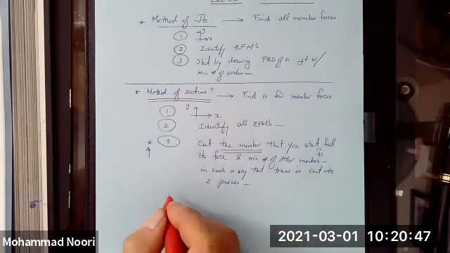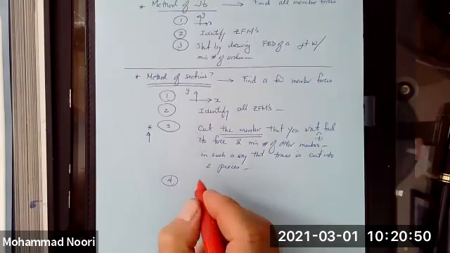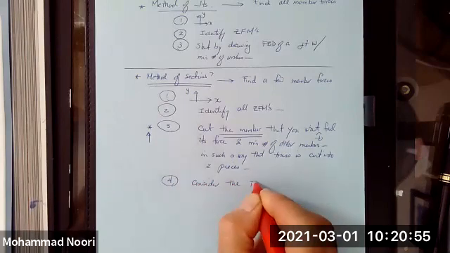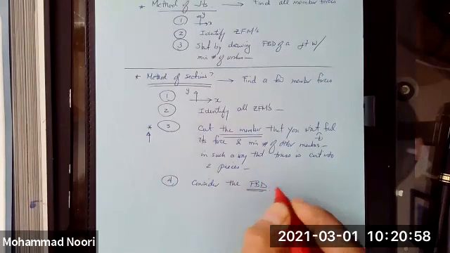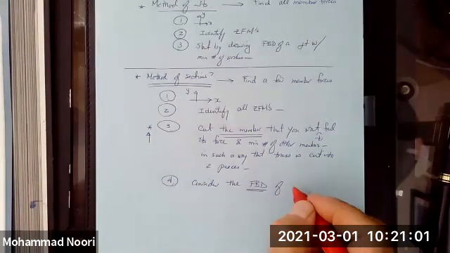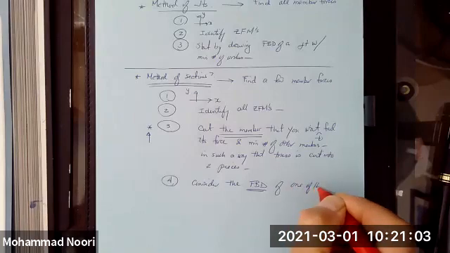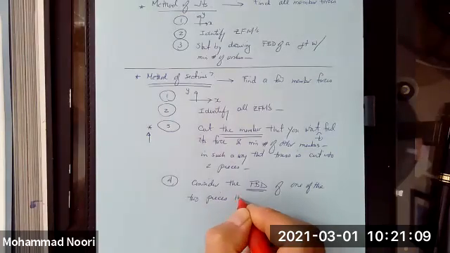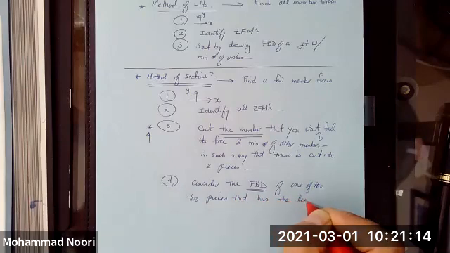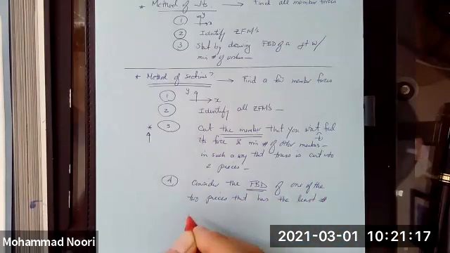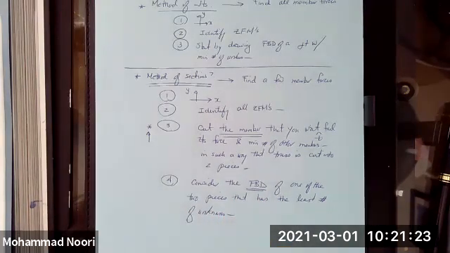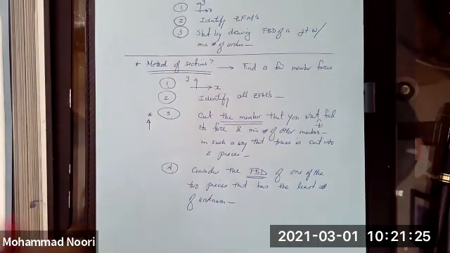Then you consider the free body diagram of one of the two pieces that has the least number of unknowns. You may ask, what happens if both sections have the same number of unknowns?